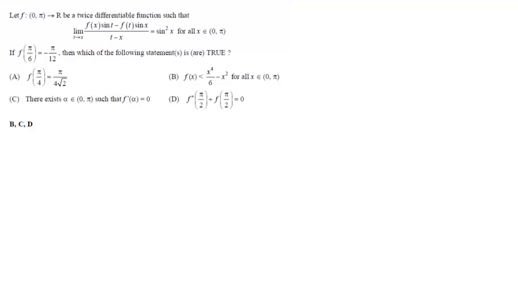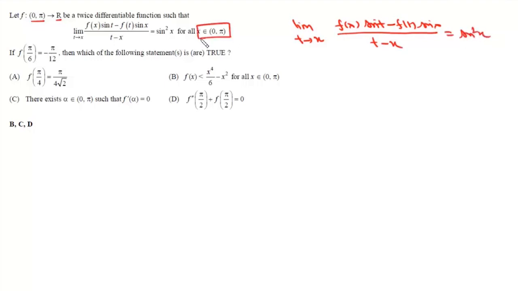Now here we are given that this function is defined from 0 to pi to R, and it is such that the limit as t tends to x of (f(x) sin t minus f(t) sin x) upon (t minus x) is equal to sin square x for all x belongs to (0, pi).